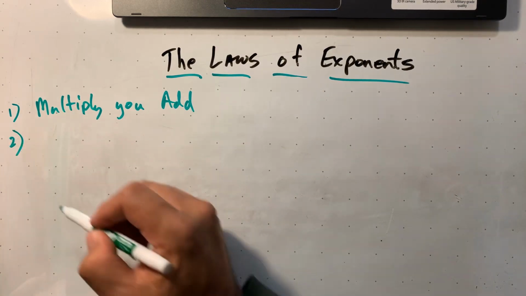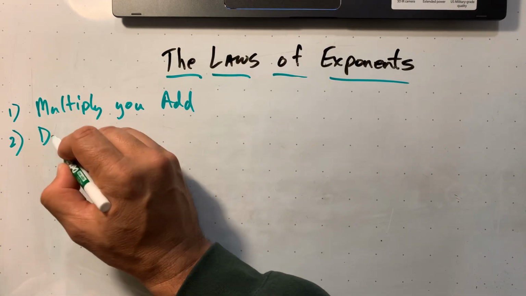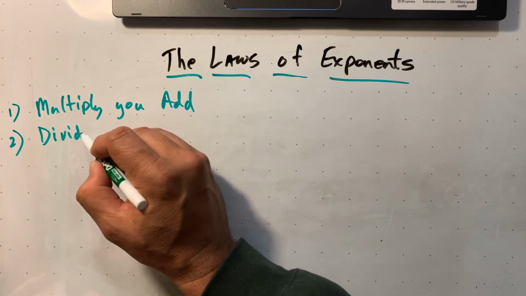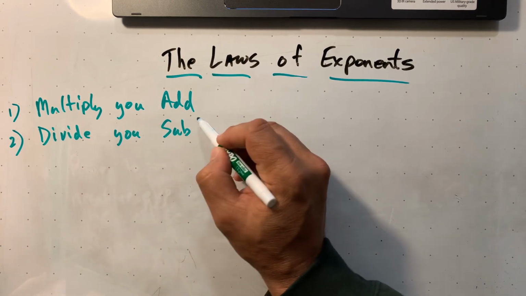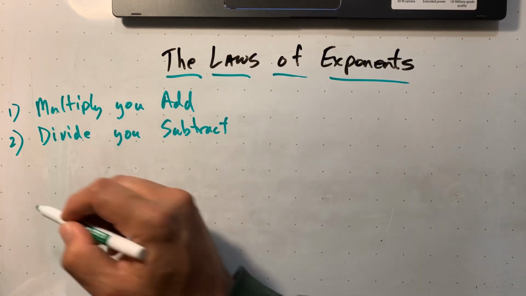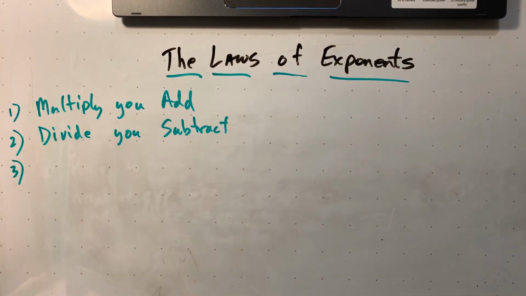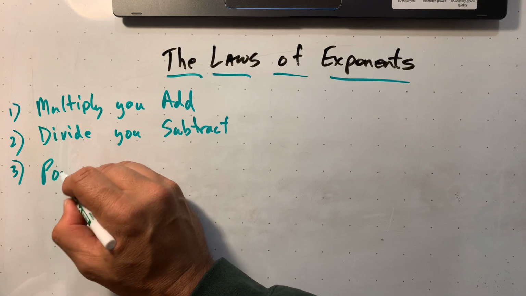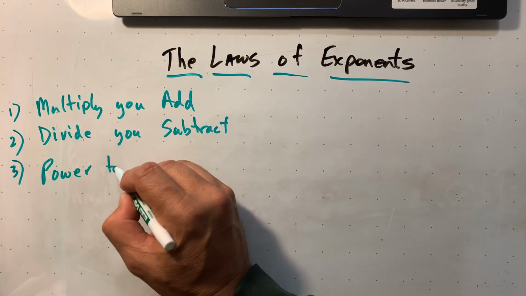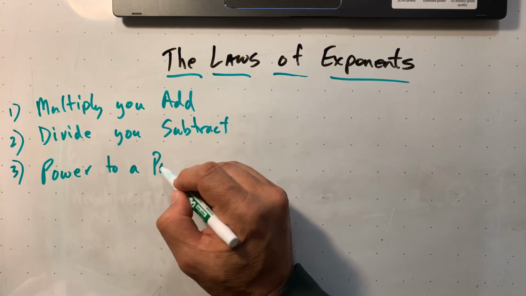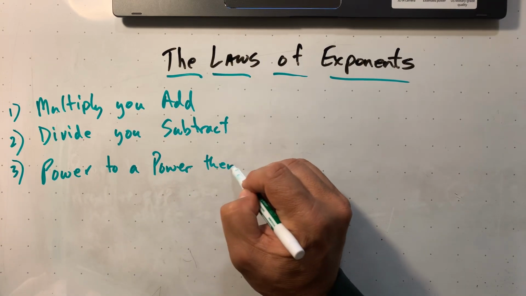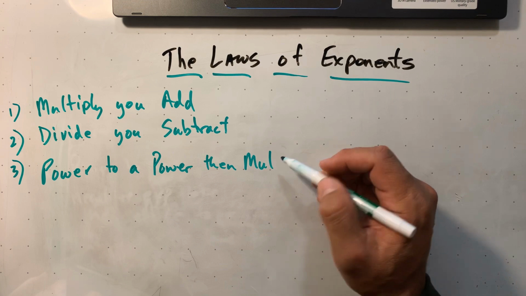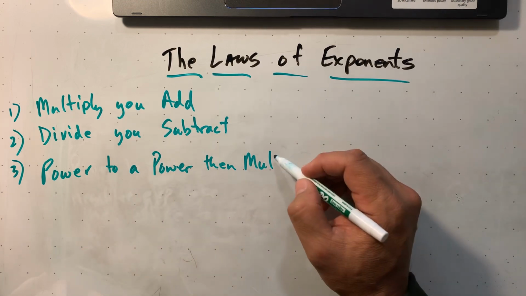Number two, if you're dividing, you want to subtract. Number three, if you raise a power to a power, then you're going to multiply. It's kind of a bigger deal. When you raise a power to a power, you multiply.